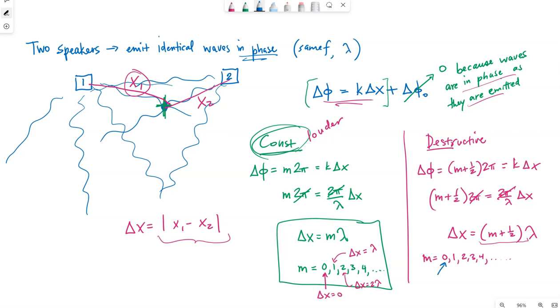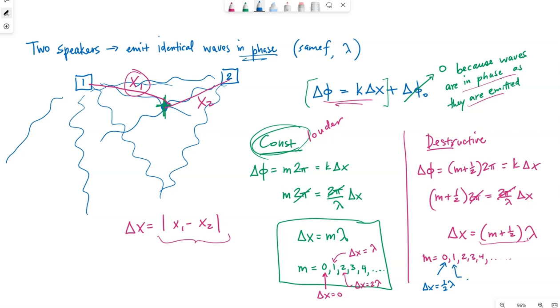M equals 0 means a difference in distance of exactly 1/2 of a wavelength. The waves were in phase, but one traveled 1/2 of a wavelength farther, which means that as those waves reach that same location, they are perfectly out of phase with each other.